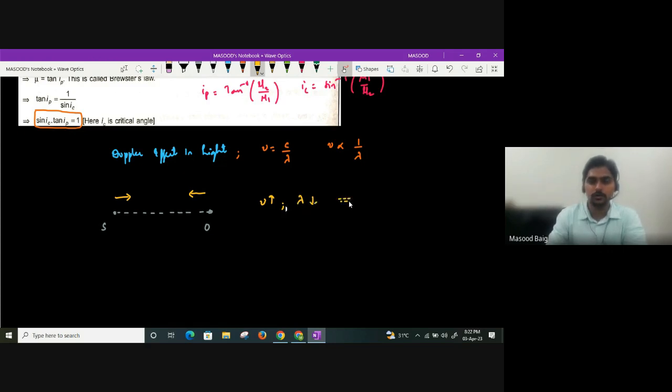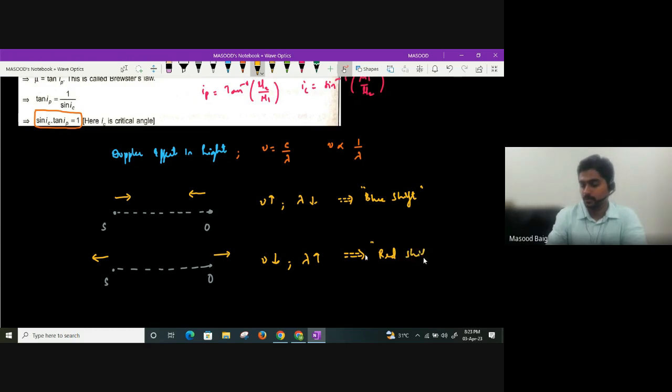Because wavelength is decreasing, this decrease in wavelength will be called blue shift. In the same manner, whenever source is moving away from the observer or observer is moving away from the source, frequency decreases. It means wavelength increases. This increase in wavelength is called red shift, guys.